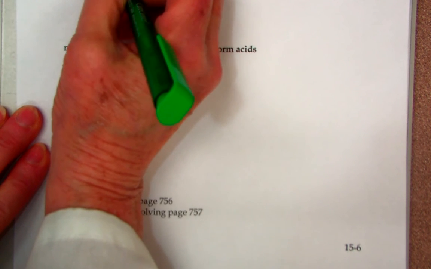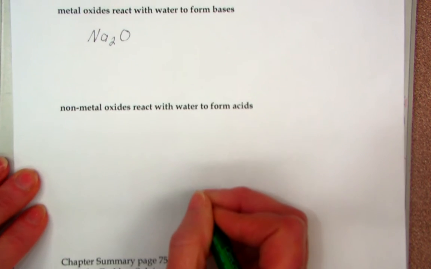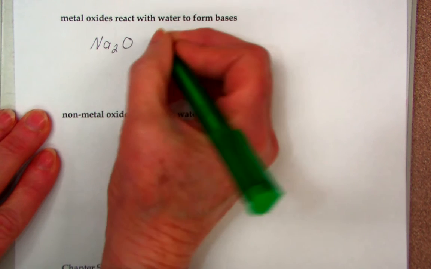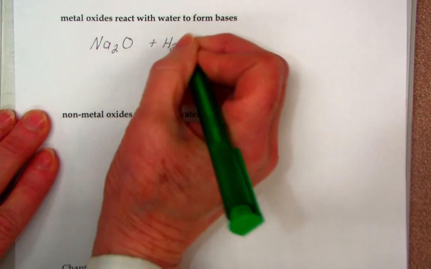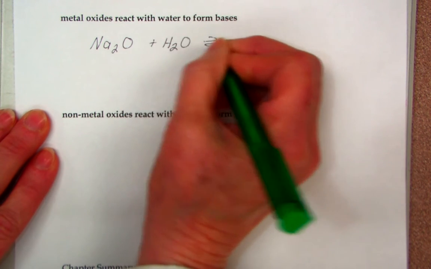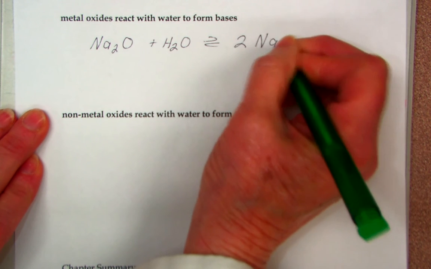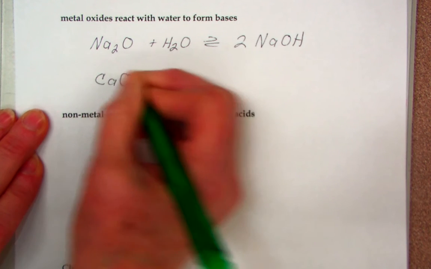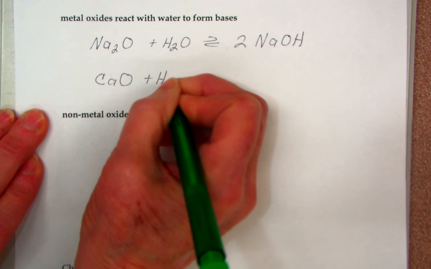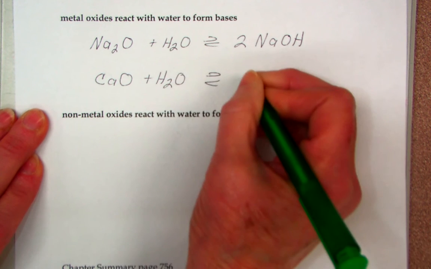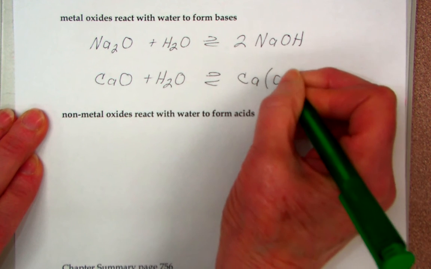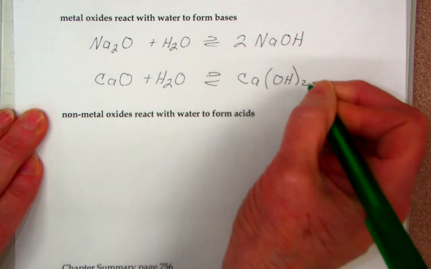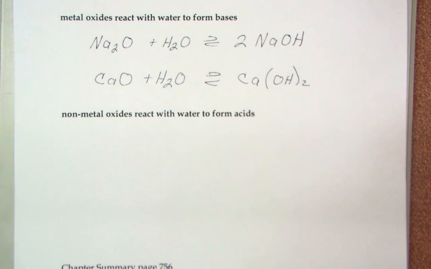Something like sodium oxide will react with water, and it makes sodium hydroxide in equilibrium. Calcium oxide can also react with water and make calcium hydroxide. And again, this is nothing new.